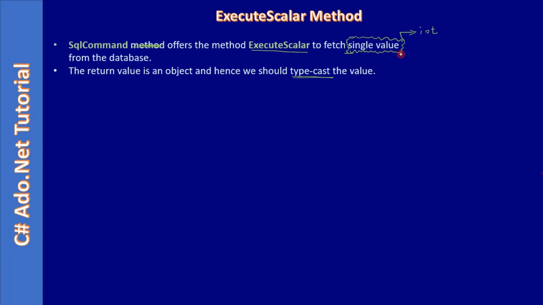In one case it may be an integer, in one case it may be a float, or in one case it may be a string, right? That's why the ExecuteScalar method will return an object, and you have to typecast that object to the required value.